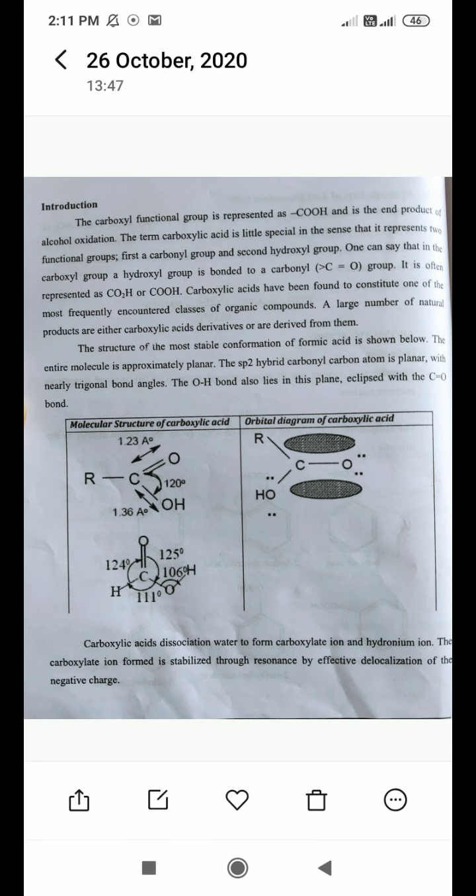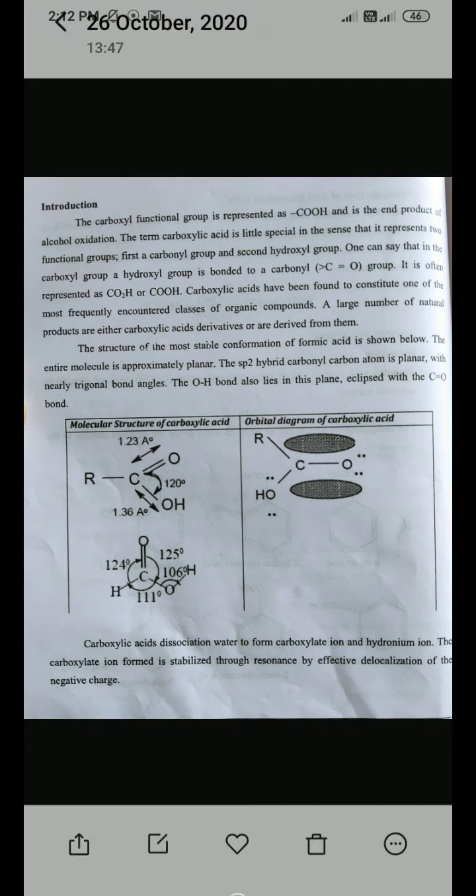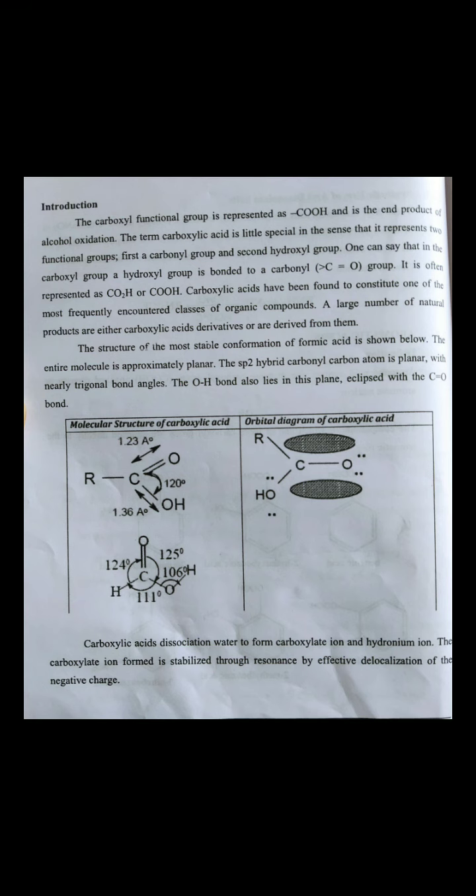If we have to carry out the reaction to convert the alcoholic functional group to an acidic functional group, we have to treat the alcohol with an oxidizing agent. Means if oxidation happens on the alcoholic group, it gets converted into an acidic functional group.